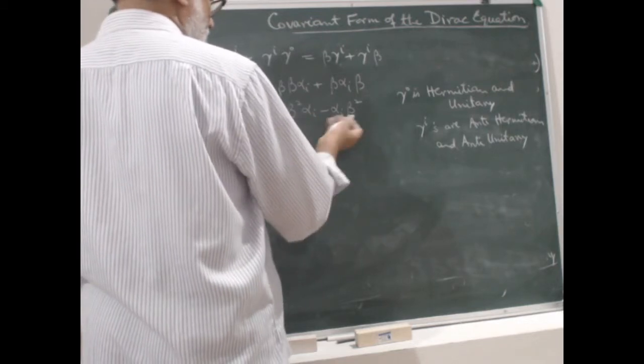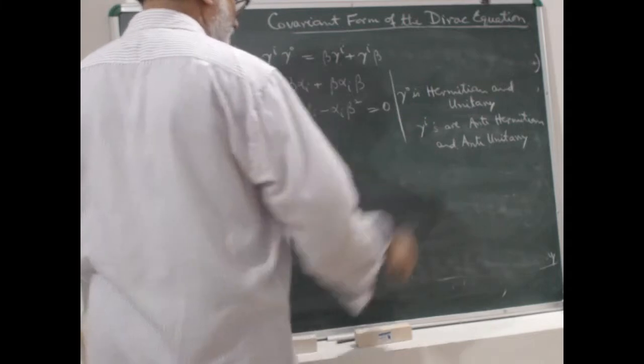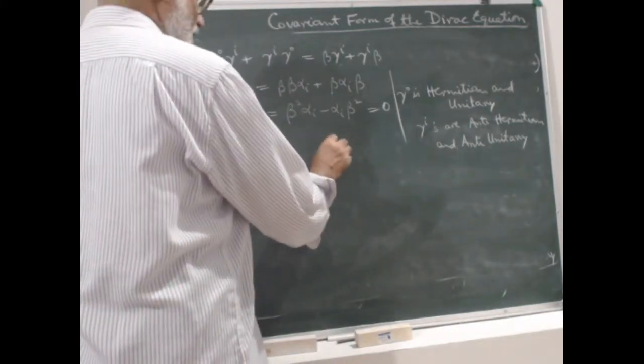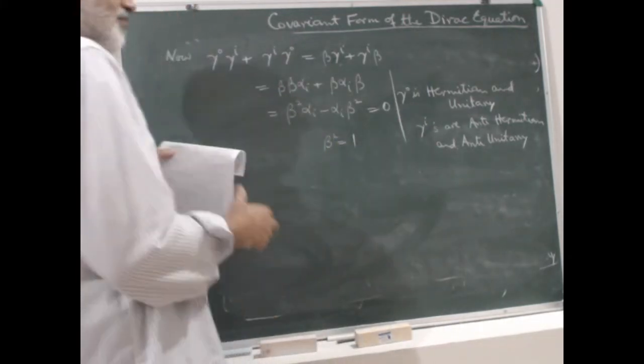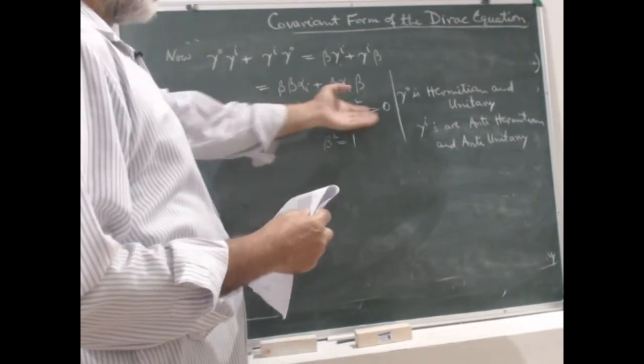So this is alpha I minus alpha I, that is 0. It's easy.